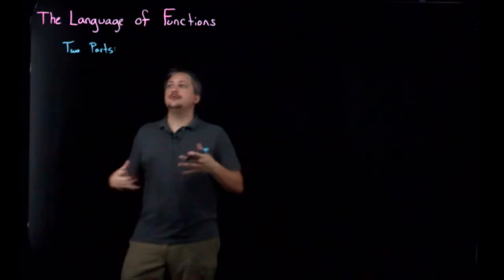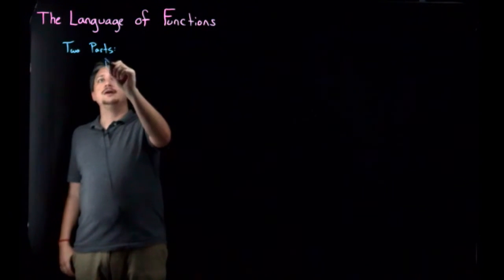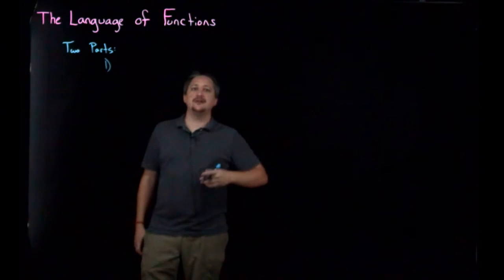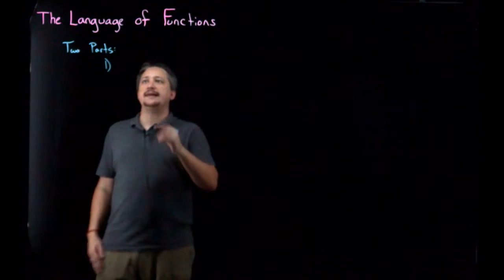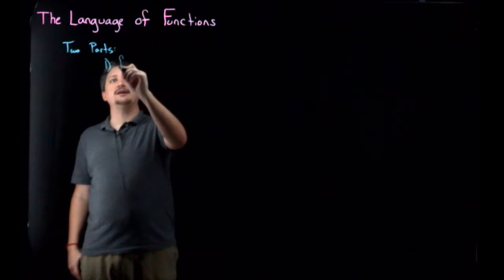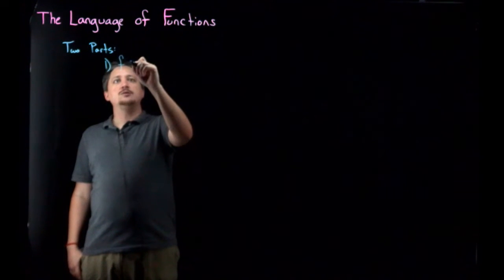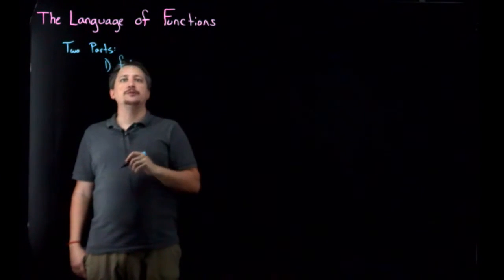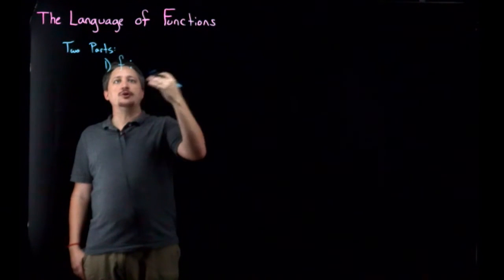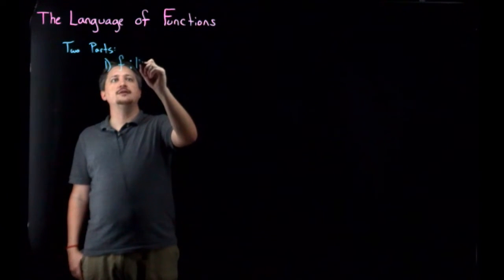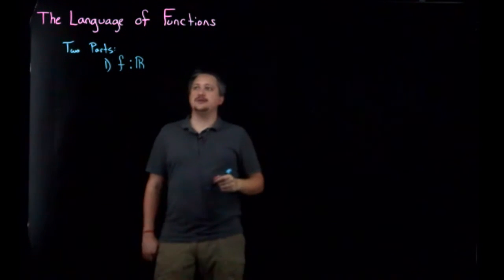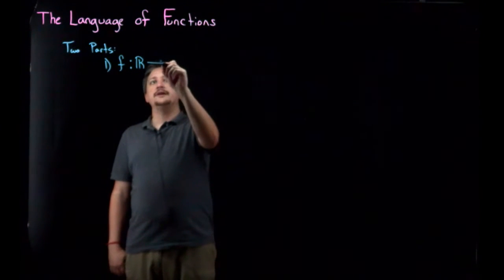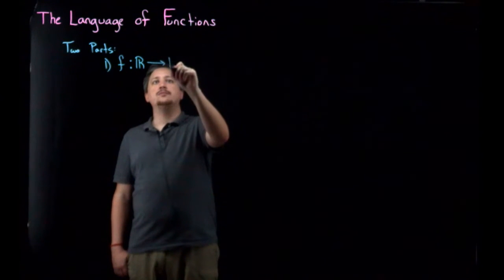For functions, two parts. The first part is we're going to define the function's domain and codomain. We do that by giving the function a name. Commonly we use something like f. We separate it from the domain with a colon, so then we'll have a domain. So we could do f from, let's say, R, the set of all real numbers, remember from the sets video, and then an arrow, and then the codomain.